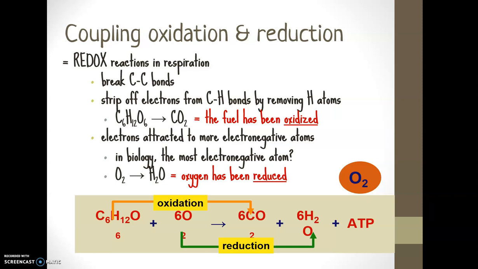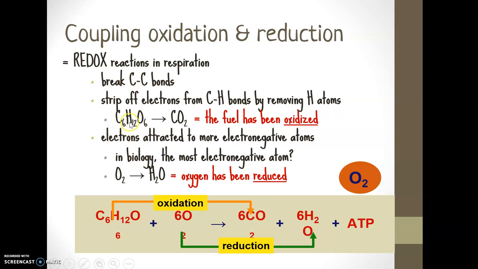So if we're talking about our redox reactions in respiration itself, the whole focus is to break your carbon to carbon bonds. Okay, glucose has a bunch of carbon bonded together. So we're kind of breaking those down. So we're going to strip off the electrons from the carbon to hydrogen bonds by removing the hydrogen atoms. So glucose, we have 6 carbons and 12 hydrogens.